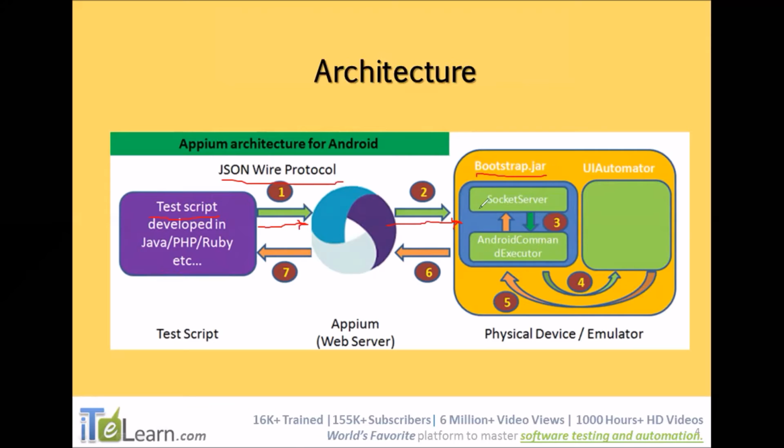Once these commands come from the Appium server, this initiates the socket server class, which is the class that creates a session on the physical device or the emulator. After creating a session, in the same session, the Android command executor class initiates to process the command coming from Appium. Once this command has been processed, it is sent to the UI automator class.